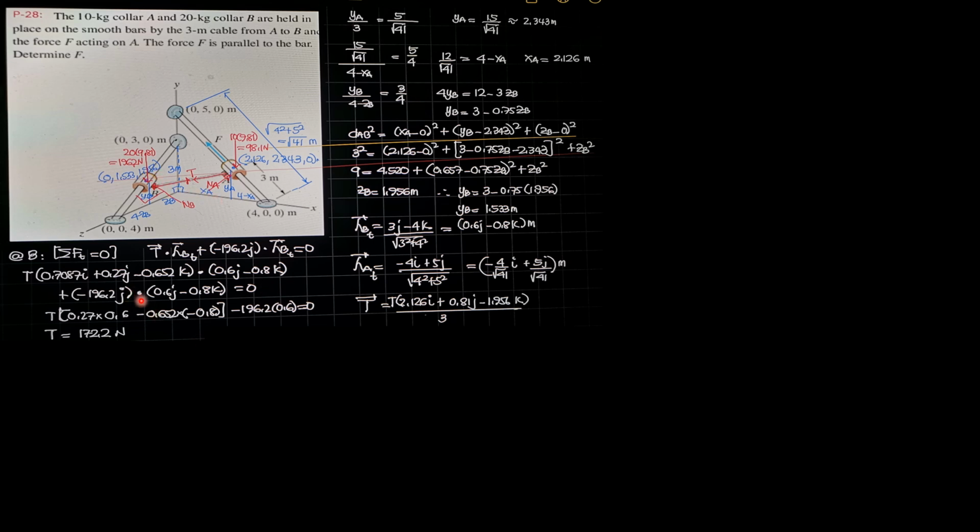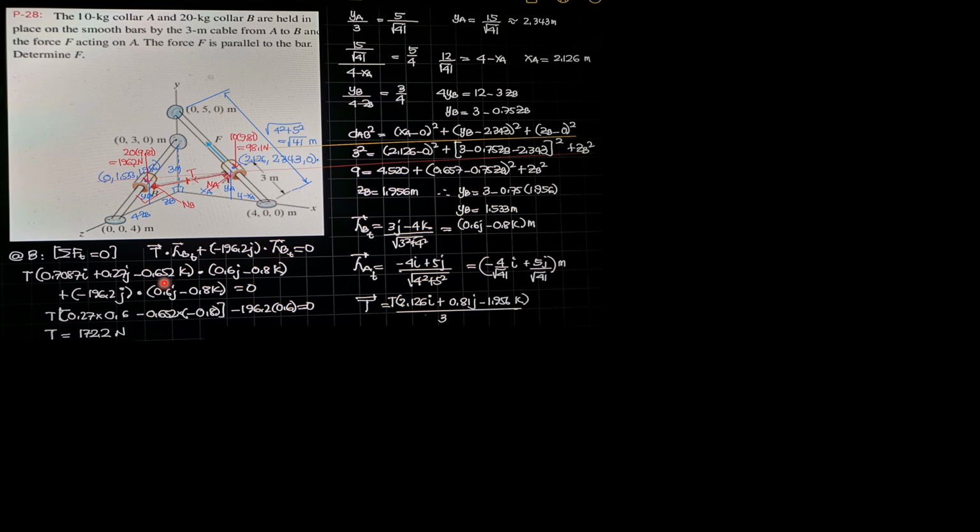So the component of T, if we factor out T, so we have 0.7087 times 0, so none. So we begin with 0.27 times 0.6. So that's 0.27 times 0.6.